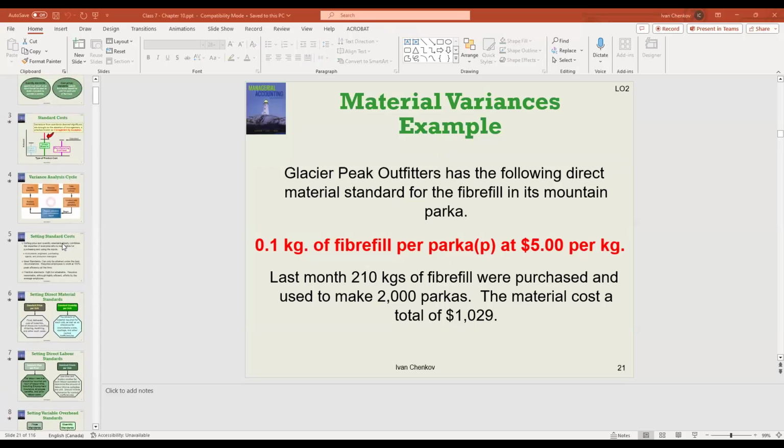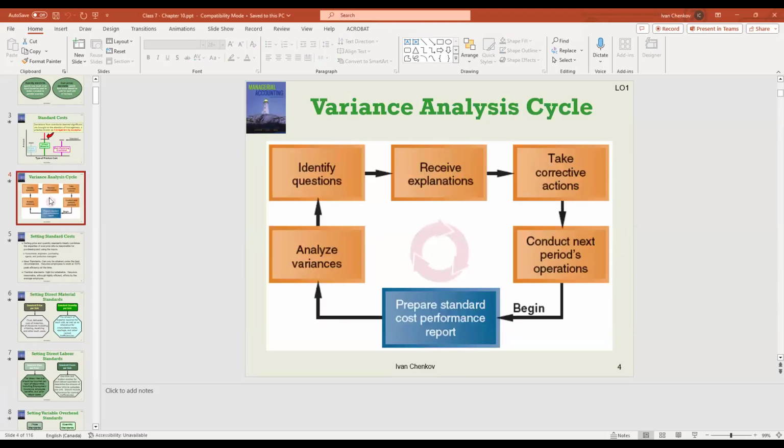Here, in the very beginning, we said that first we're going to prepare the report, which we prepared. We're going to analyze the variances, correct? We analyzed the variances. We saw that we're overusing the material and spending less for the material. And what did we do after?